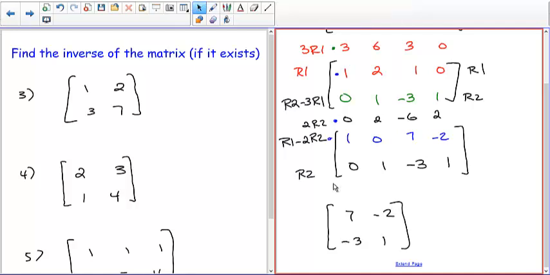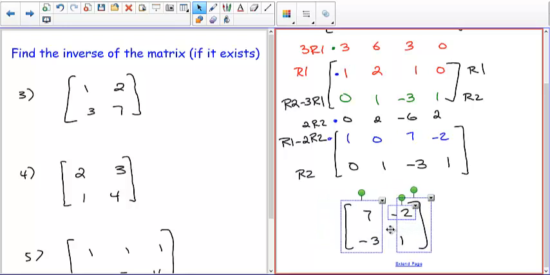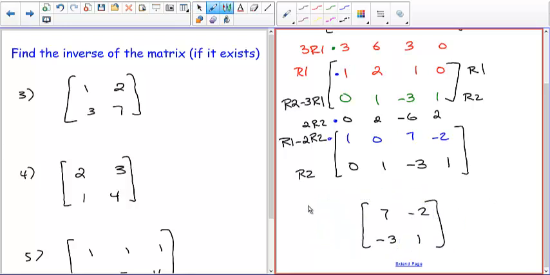And we can check that out by taking this inverse matrix and multiplying it by the original matrix, and hopefully we get the identity matrix. So the result is a 2 by 2. You take 7 times 1 plus 2 times negative 3, so that's 7 minus 6, which is 1.